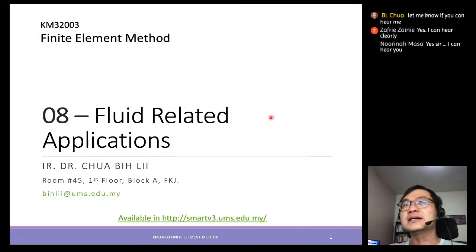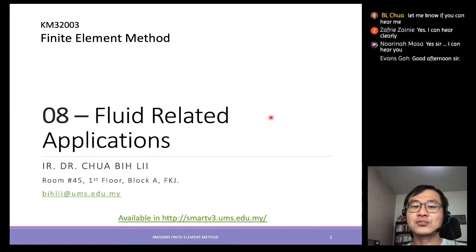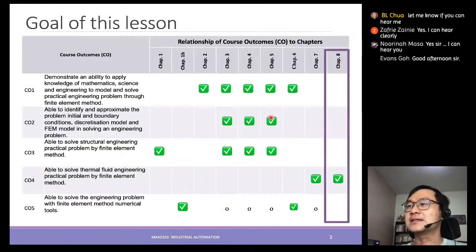But for sure, for fluid applications, finite element methods may not be the best method, which I will slightly inform you about later. But the idea is that we can also solve fluid type problems using the finite element method.